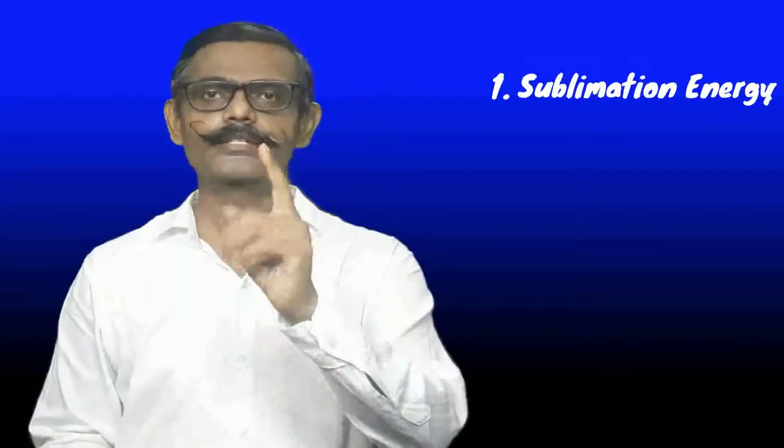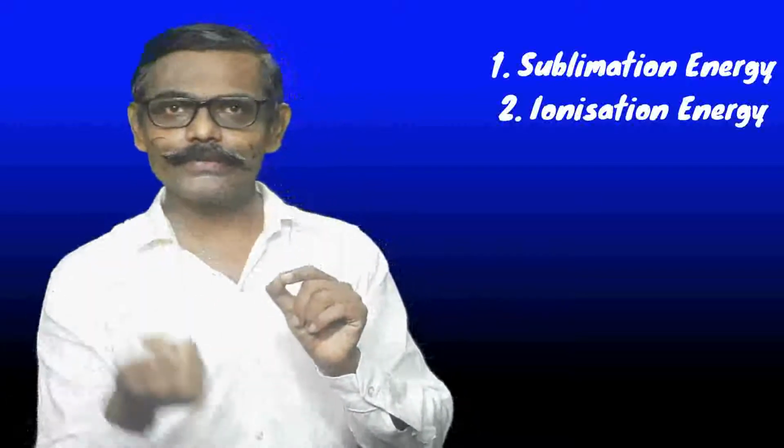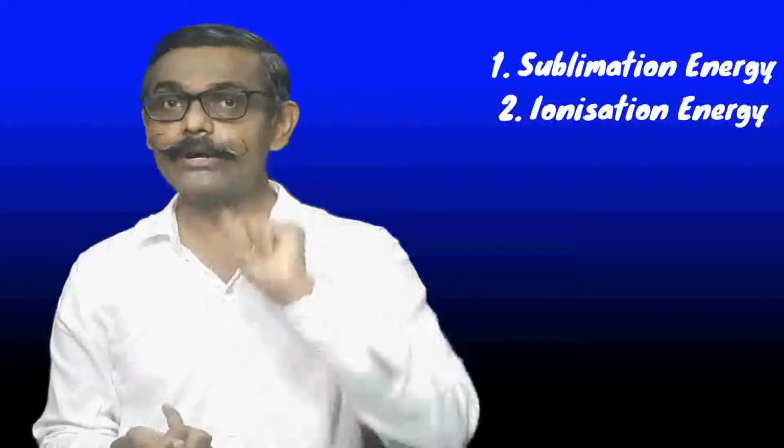Number one, sublimation energy or atomization energy, conversion of metal to the gaseous atomic state. From that isolated gaseous atom, we need to remove the electron. The energy needed to remove the electron from a separate, isolated gaseous atom is called ionization energy. So first sublimation energy, second ionization energy.